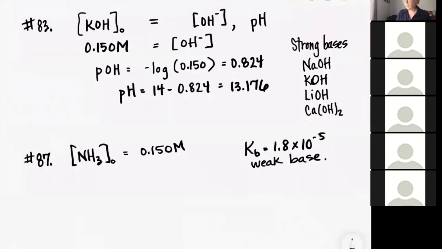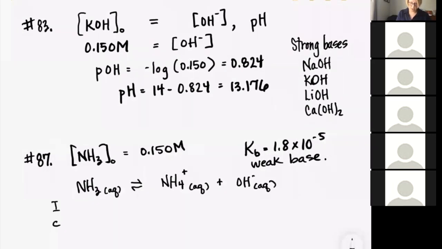So we're going to write our balanced equation here. So NH3 aqueous, and since we're going to ignore water, I'm not going to write it in here. So NH4 plus aqueous plus OH minus is the balanced equation. We can do the ICE chart.